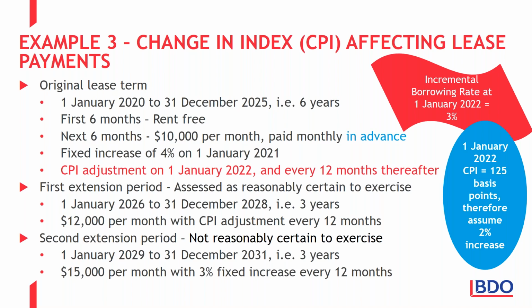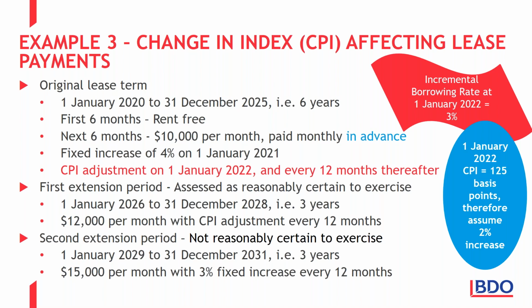We always had that in the fact pattern. But what I'm telling you is, in this blue circle, on 1 January 2022, the CPI is now 125 basis points. If you compare it with the basis points we had when we entered into the lease, I've done the calc for you. It actually means there's a 2% increase in the payment.